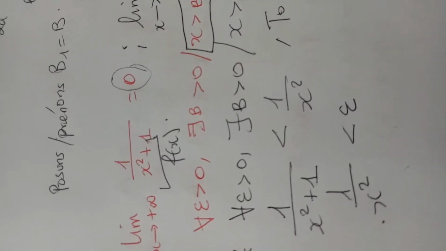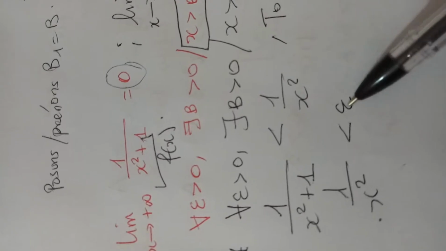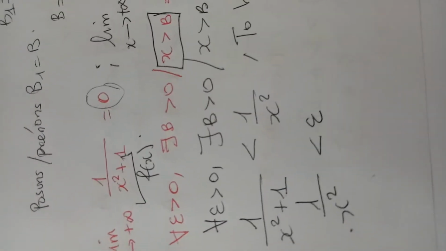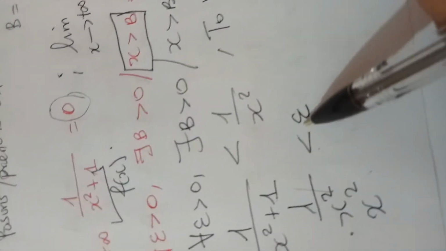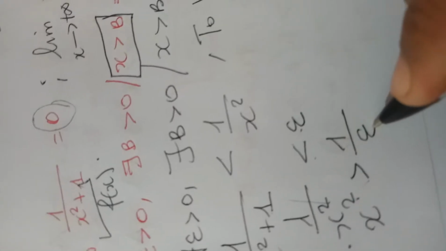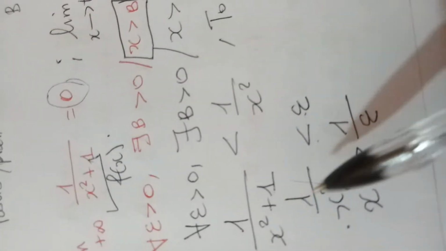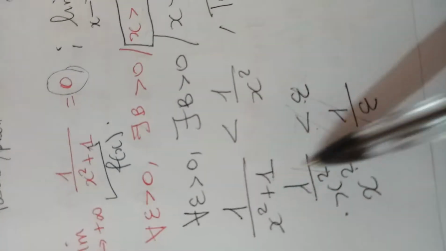When I do that, the inequality sign will change and epsilon will also change. If 1 over x squared is less than epsilon, then x squared is greater than 1 over epsilon. I change the inequality sign and switch this as well. So I have to apply that to all of them so I can get my x.